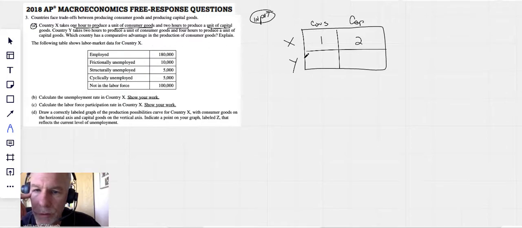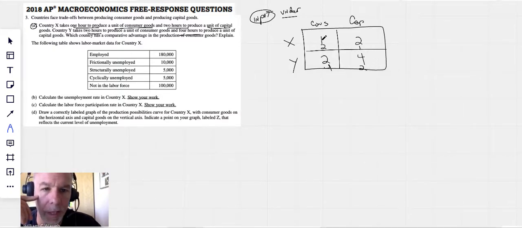Y can do 2 and 4, I think. 2 hours for consumers, 4 hours for capital, 2 and 4. Now, because it's an input problem, we're going to do our math under. Inputs are under, so we put the 2 under the 1, we put the 1 under the 2, 4 under the 2, 2 under the 4.